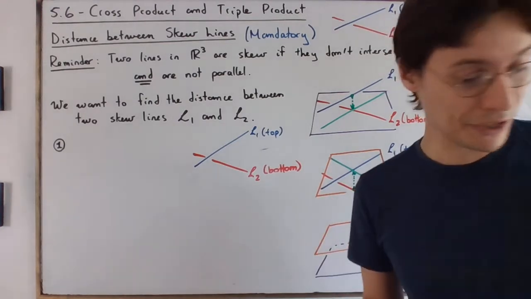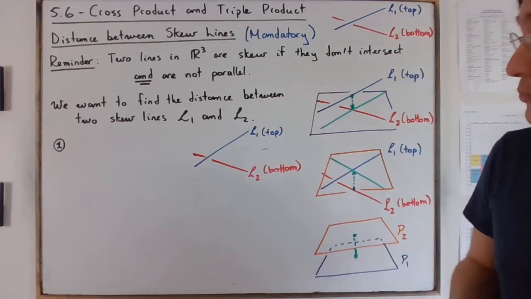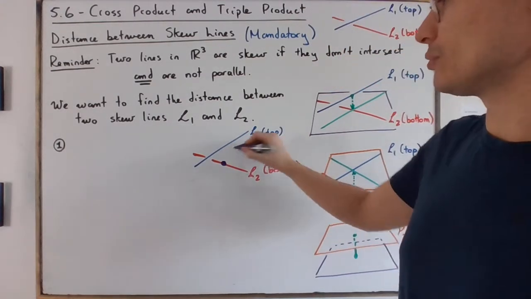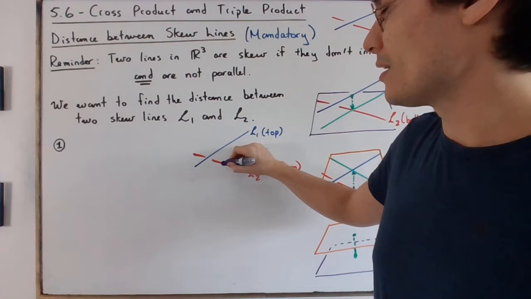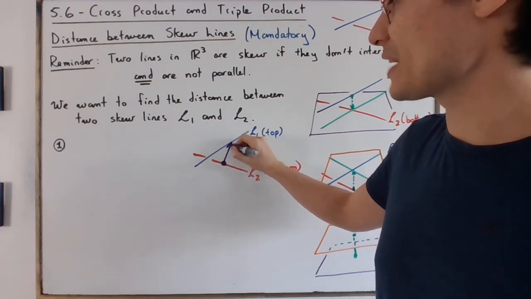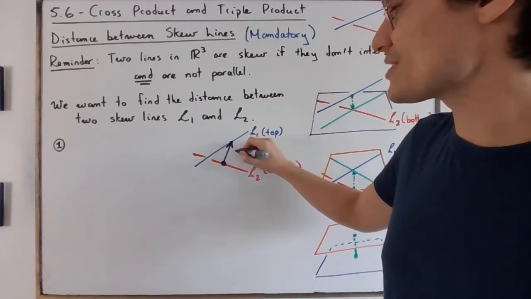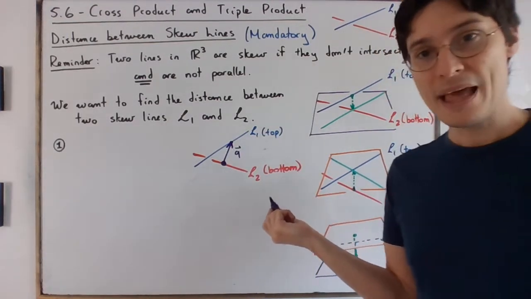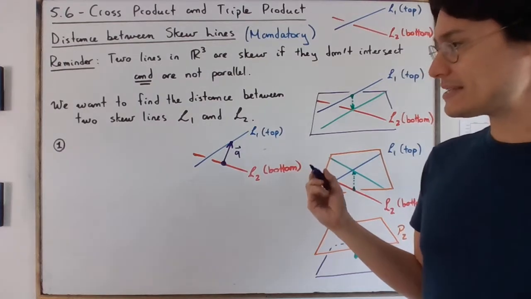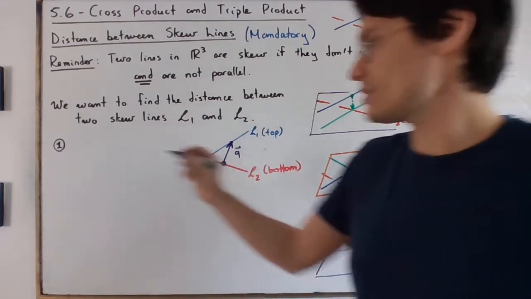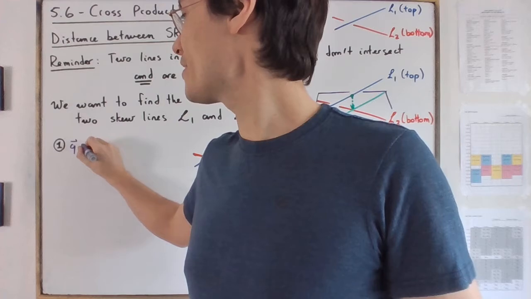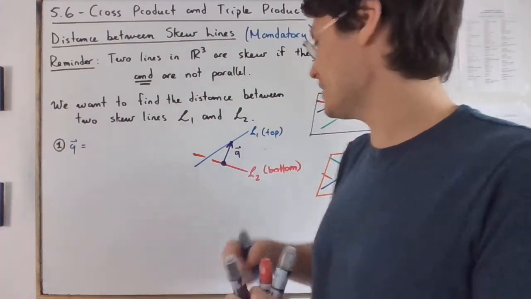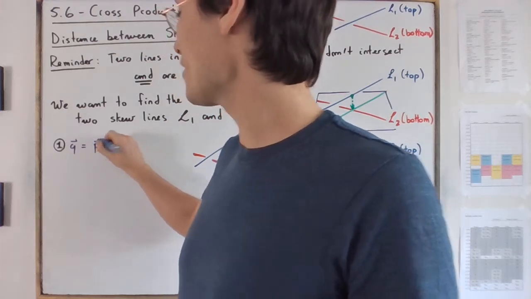So how is it going to work? The first step is to create a vector Q from L1 to L2 or vice versa. Maybe it wasn't a good choice to put L1 at the top, but it's okay. You're just going to create a vector Q. What is that vector Q? You can take a point on the first line and subtract the point on the second line.